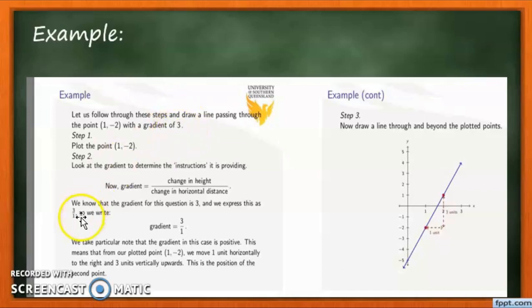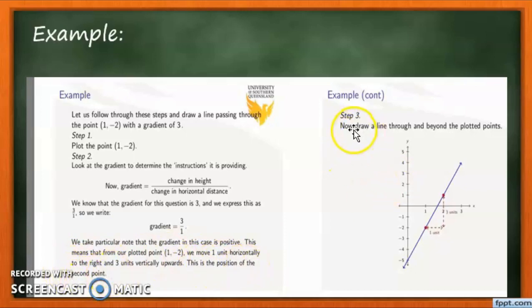So that's the gradient. We take note that the gradient in this case is positive. This means that from our plotted point (1, -2), we move 1 unit horizontally to the right and 3 units vertically upwards. This is the position of the second point.